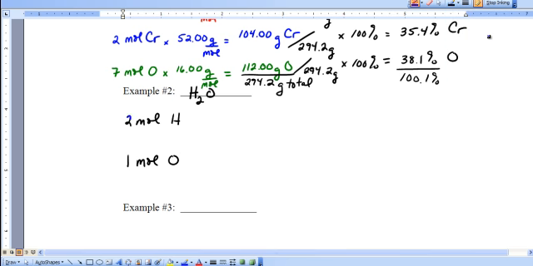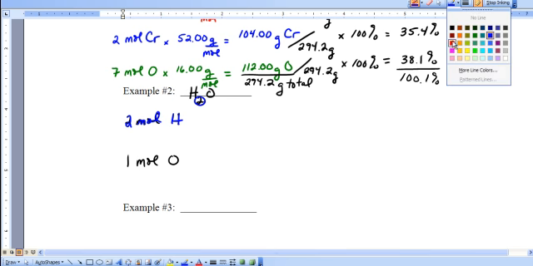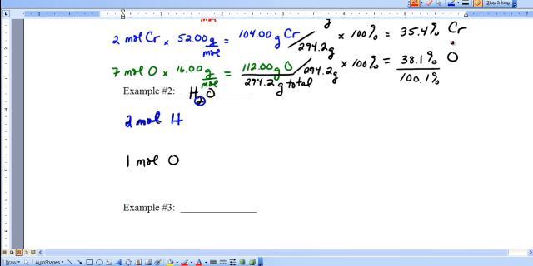Again, we have 2 moles of hydrogen, and that comes from that 2 right there. And once again, we only have 1. Of course, there's no number there, but it's implied then that we have 1 mole of oxygen. So we need to figure out what the total mass, or the mass of each component is, get the total mass, and then move on from there.